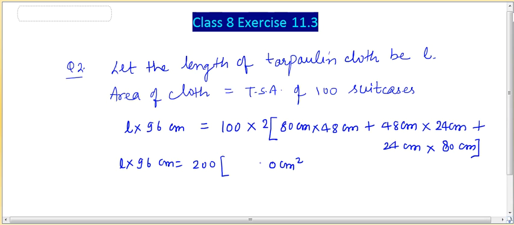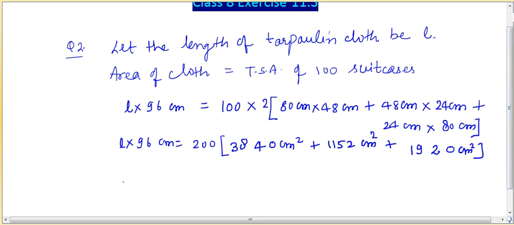It is 3840 square centimeter, plus 48 into 24, which is 1152 square centimeter, plus then multiply 24 by 80, which is 1920 square centimeter.